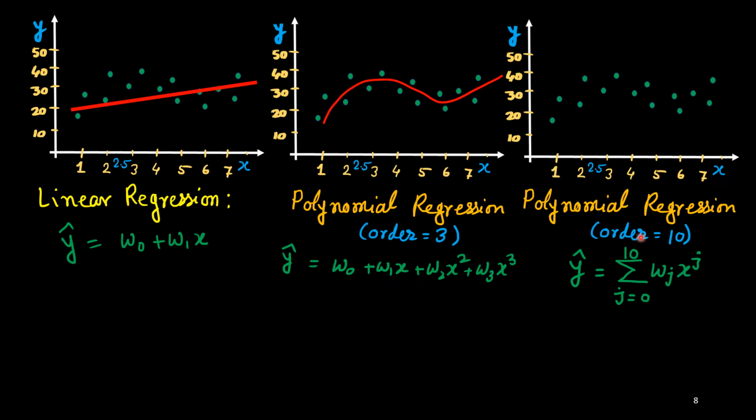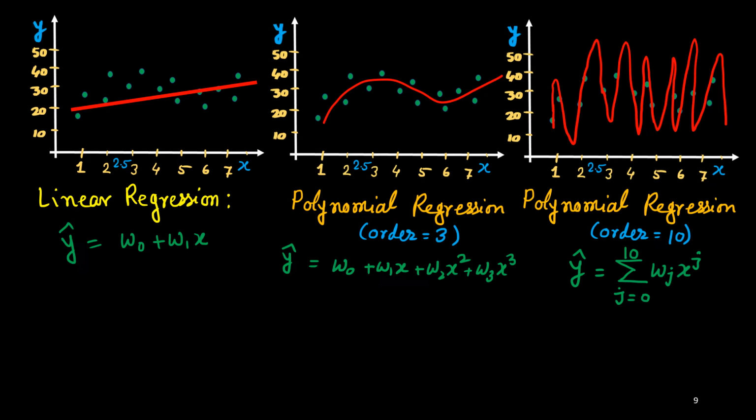If you tune the coefficients w0 to w10 in an optimal sense, you may get this kind of curve. And you see this curve is passing through all the points. It implies that the error is almost 0.